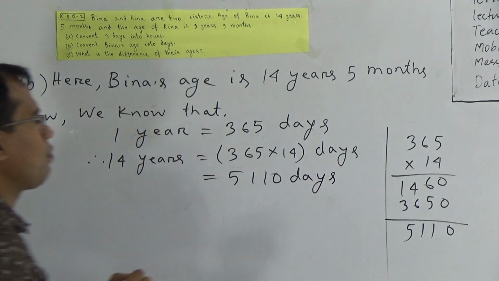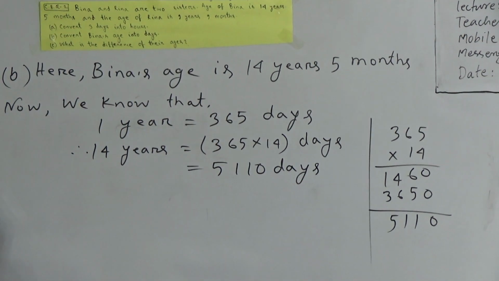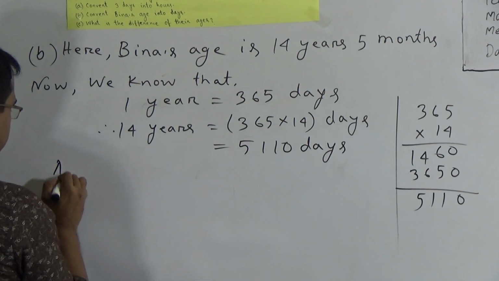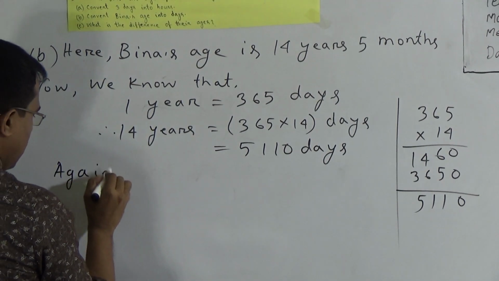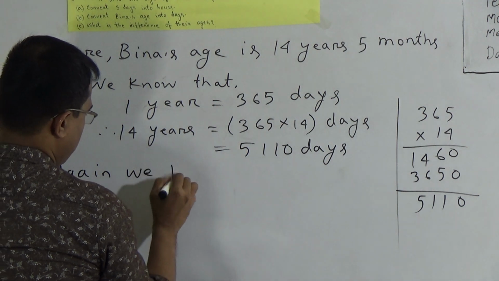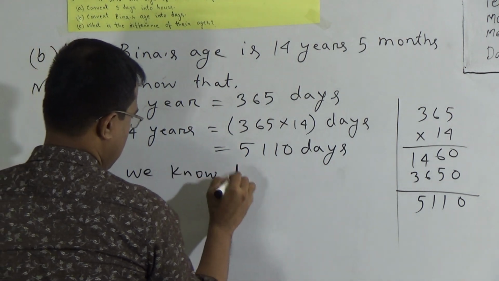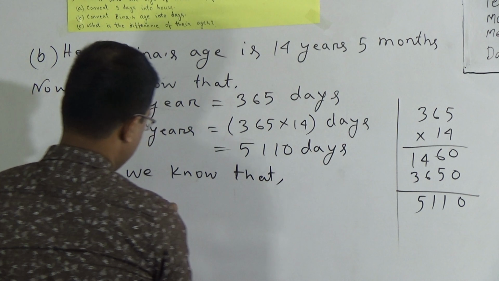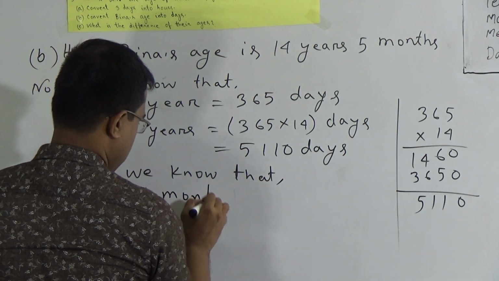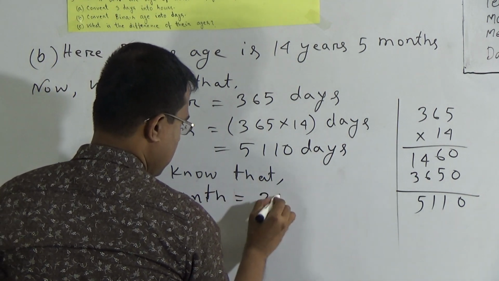Now we have to convert 5 months into days. Again we know that 1 month is equal to 30 days.